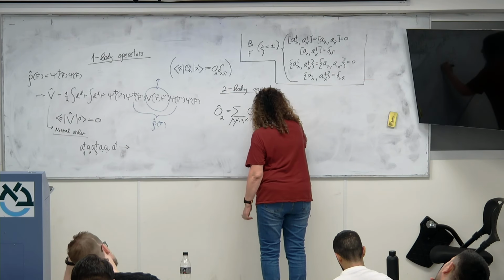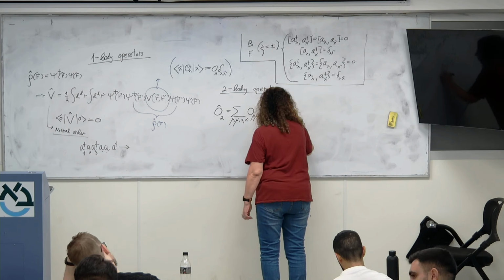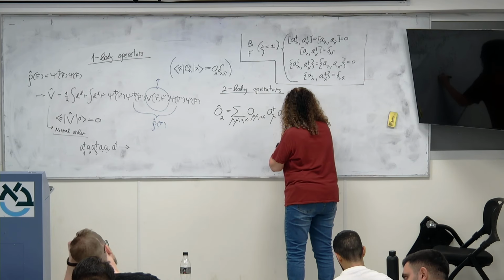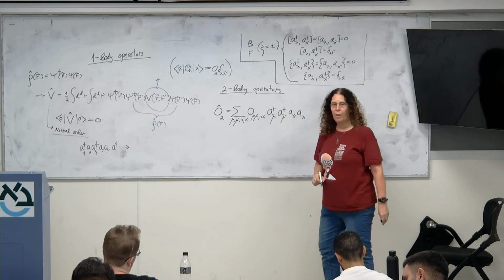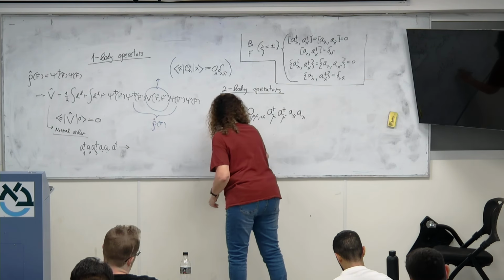And then we have a mu dagger, a mu prime dagger, a lambda prime, a lambda, okay? And what is this matrix element?